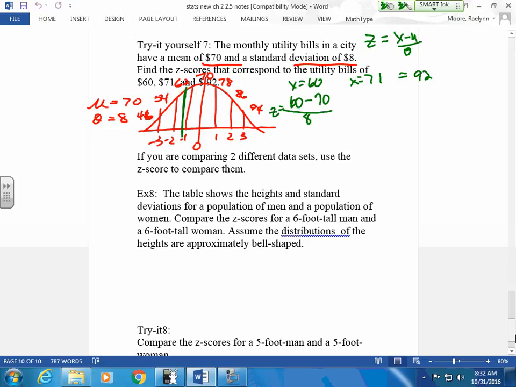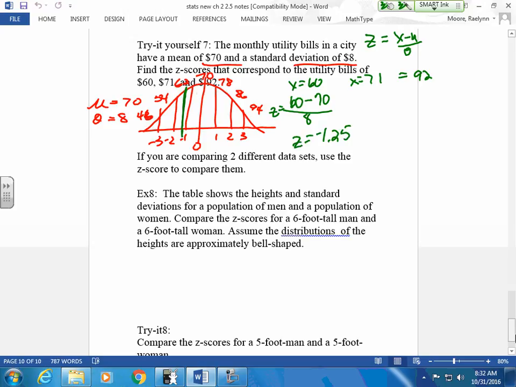We're going to subtract this, and we get a z-score of negative 1.25.